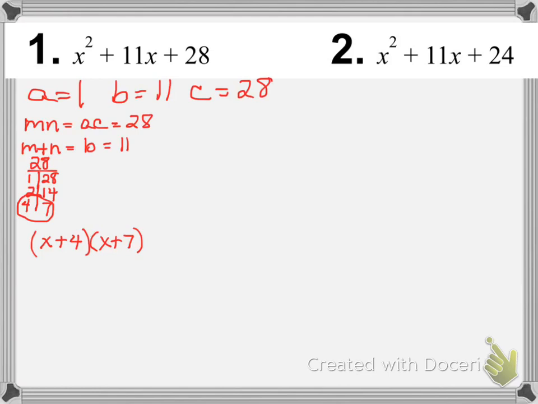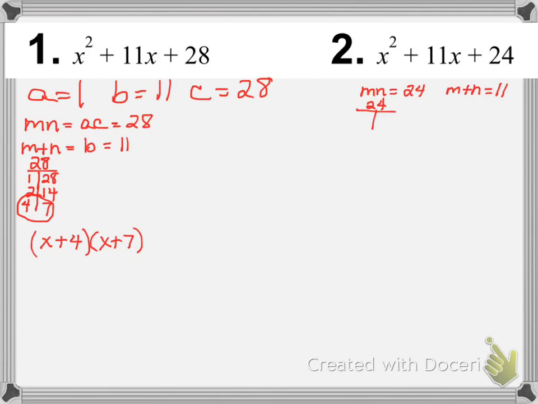So my magic numbers multiplied equals a times c. A is 1, c is 24. So 1 times 24 is 24. My m plus n, my magic numbers added, equals whatever the b value is, which is 11. So we do our little table. We put 24 here because it's easier to figure out the factors, and then look at those factors by adding or subtracting.